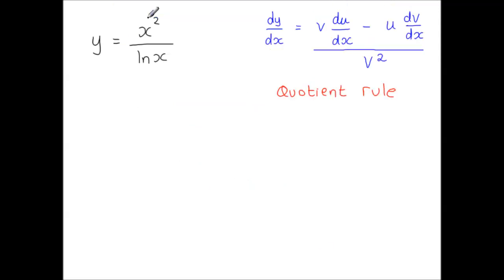Okay, dividing x squared, which is u, and this is v, so u is equal to x squared, and then you differentiate, and then you do the same with the log term there.